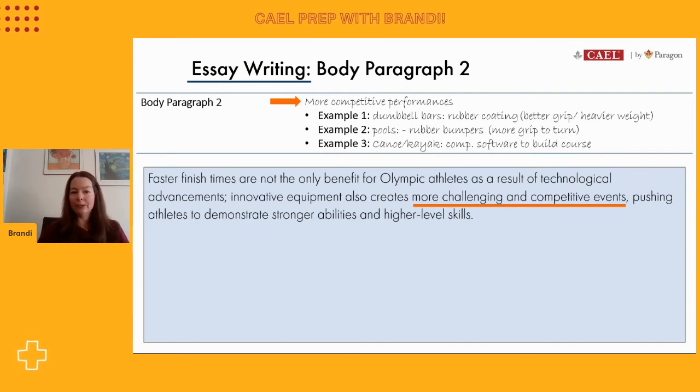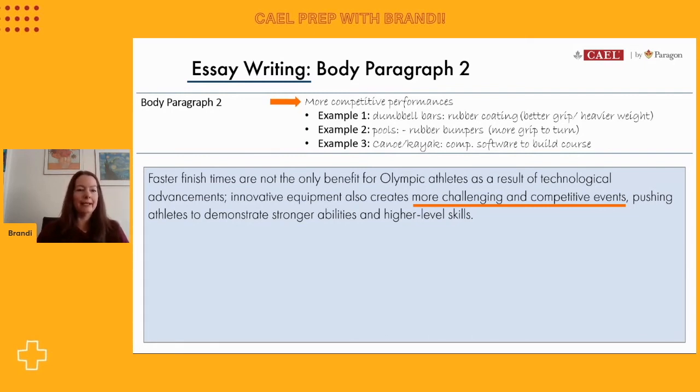Okay, so the orange underlined idea here is the focus, but adding that line above or earlier about fast times also contributing, this is what again connects this second main idea to the rest of the essay. It's strengthening the coherence. And that's one of the elements that the raters are looking for throughout the writing. So it's a little tip I share with you in case you want to experiment with that approach in your own writing.